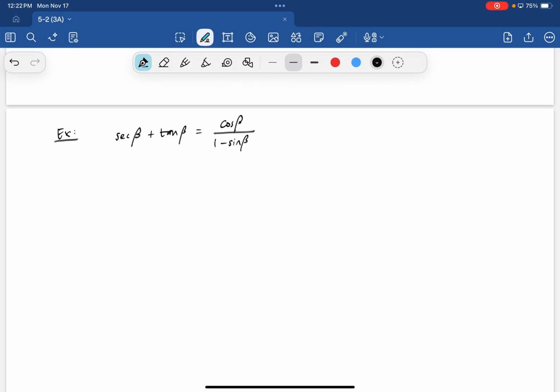Maybe that will help us. So secant is 1 over cosine. And then tangent is sine over cosine. Right? So that means the left-hand side is just 1 plus sine beta over cosine beta.